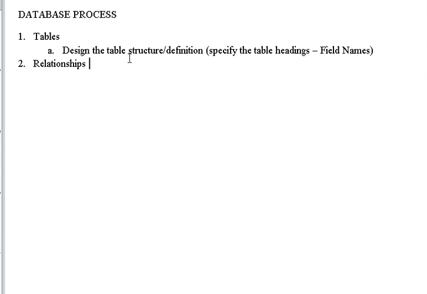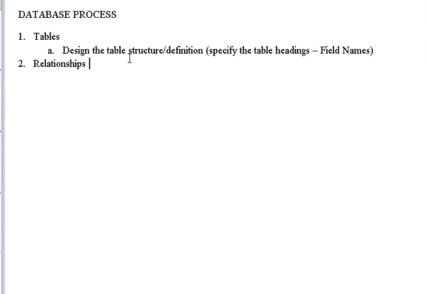Next, we have to create the relationships. These tables are going to be connected in some way. So if I put data about school, we're going to have students, we could have parents. There's a connection between students and parents, obviously. A student will have a parent.